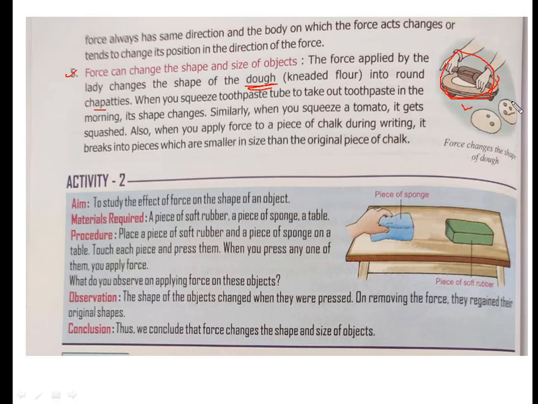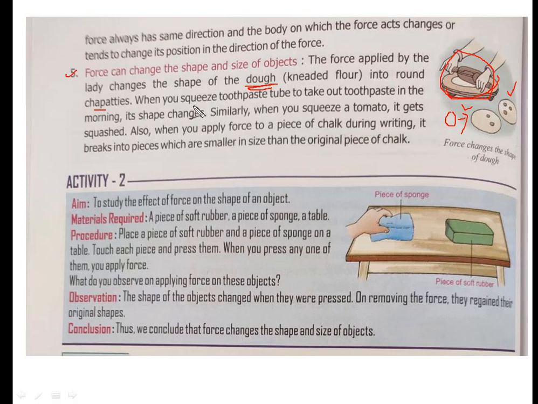We enjoy it while eating. After making dough, it needs to be converted into a round shape. So the shape is changed. How is the shape changing from dough to the round shape? That means from the spherical shape to the flat, round shape with the application of force only.